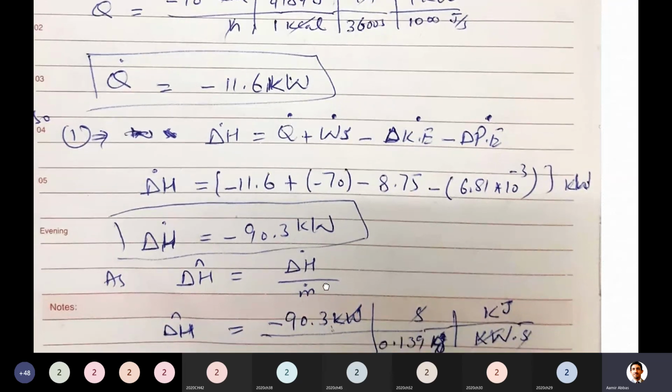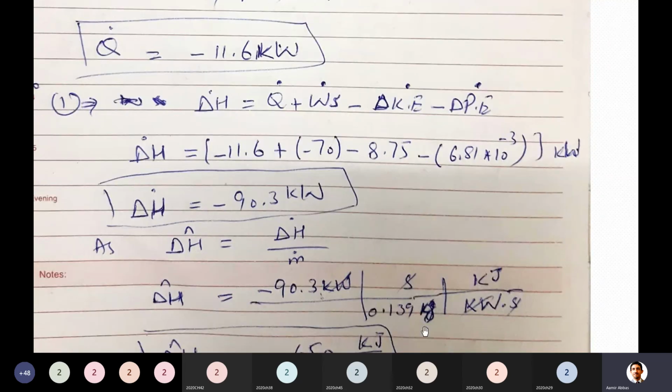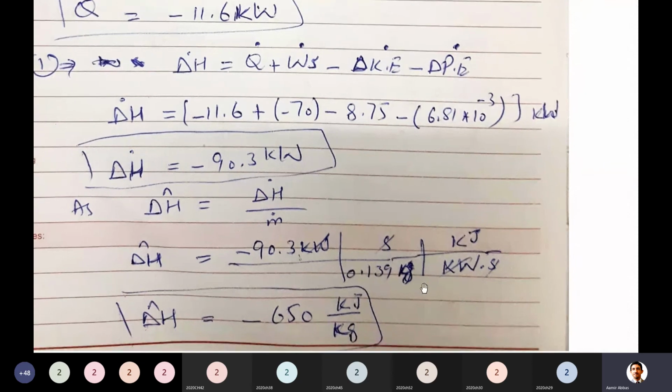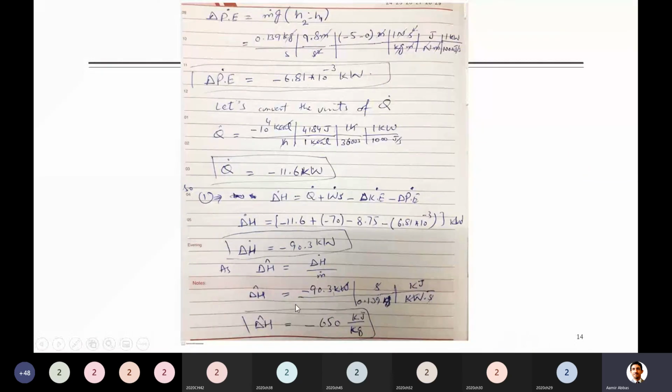I use this conversion here and divide by the mass flow rate, that is 0.139 kilogram per second. So the second will cancel with the second, like time units cancel, and your units are kilojoule per kilogram. So that was the value you were looking for, the specific enthalpy change.